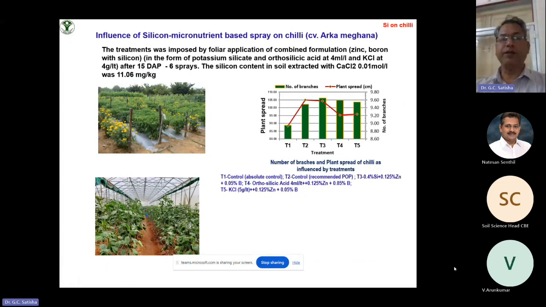We have taken up different crops: green chilies, capsicum, and tomato as well, and onion also we are doing. With regard to capsicum and chilies, we got very good positive results. We got excellent biomass production irrespective of the source, either potassium silicate or orthosilicic acid stabilized reagents.